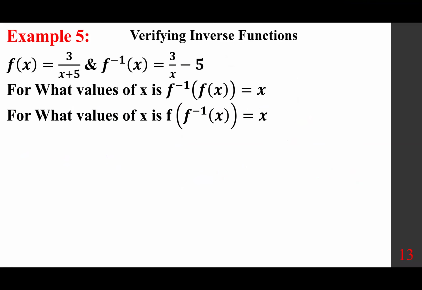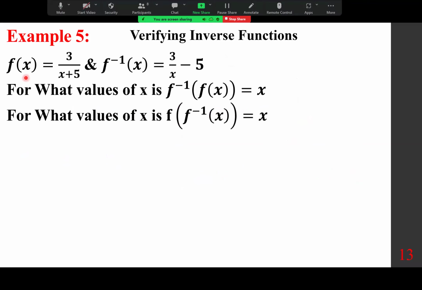We're going to continue with the different sets of functions. F of x is 3 over x plus 5, and f inverse is 3 over x minus 5. For what values of x is f inverse of f of x equals x? For what values of x is f of f inverse of x equals x? It's important to know when they ask you this question, you look at this function. Look at the inner piece and see where this one is defined.